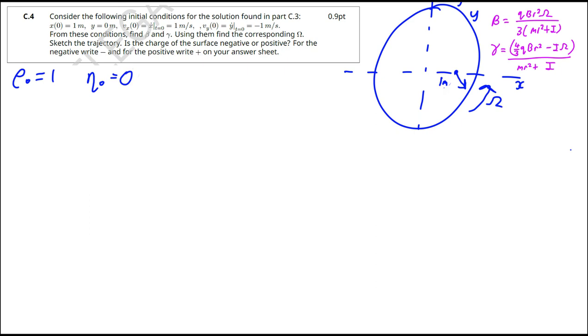Because our initial position is in the x direction and our initial velocity has a component in the x direction of 1 meter a second, that means we also know that the rate at which the distance from the center, rho, is initially increasing is 1 meter a second. Now we can also figure out what our initial eta dot is.